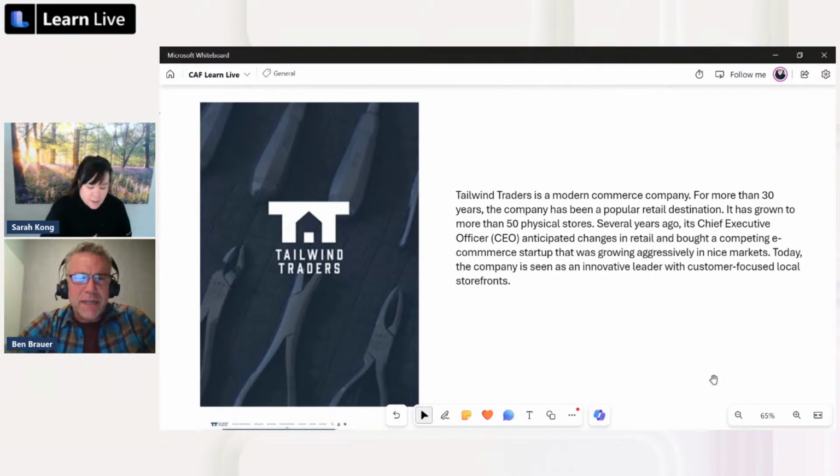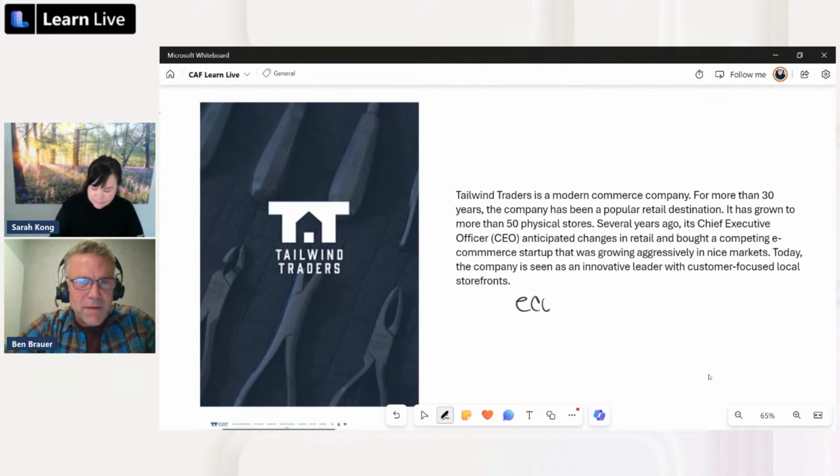Tailwind Traders is a really good archetype for this sort of session. As you can see, it's a relatively large customer and has been around for a while. It's an e-commerce company, so it has the notion of innovation.